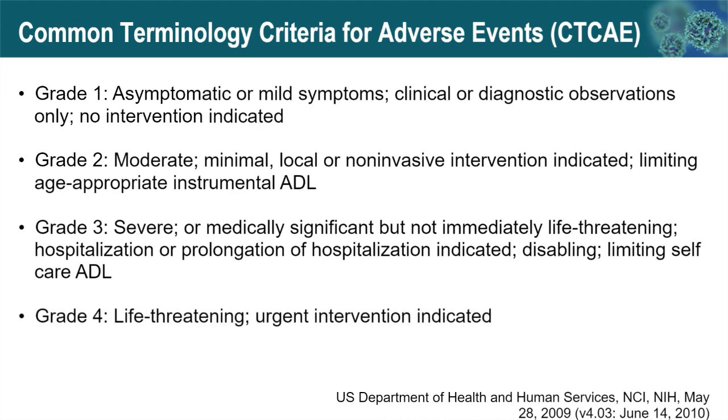Grade 4 immune-related adverse events are generally life-threatening, and urgent intervention is indicated for these patients. And lastly, grade 5 immune-related adverse events result in death secondary to an adverse event. Now I will turn to Dr. Naidu for an oncology perspective.